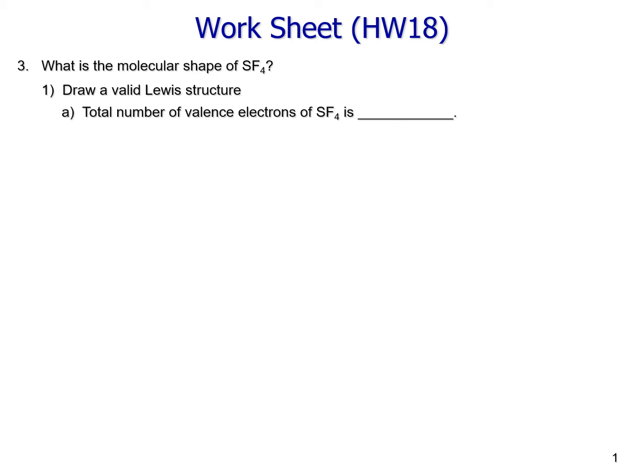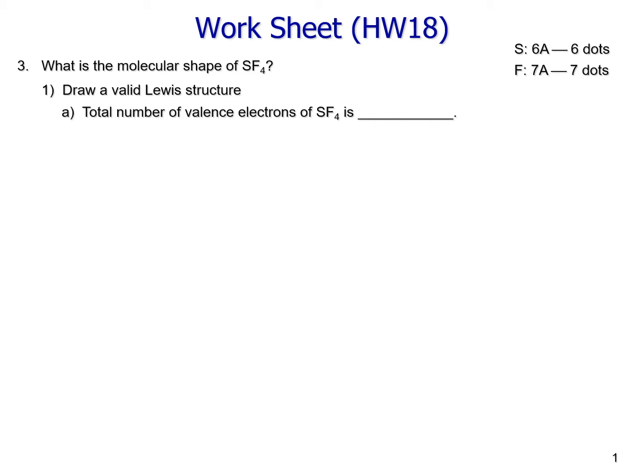First step, we calculate just how many valence electrons we have for a molecule like SF4, sulfur tetrafluoride. As we check the periodic chart, we find out that sulfur is an element in group 6A, fluorine is an element in group 7A.